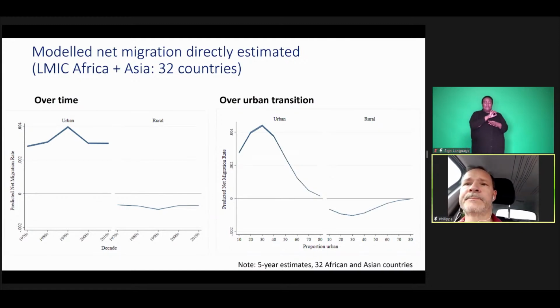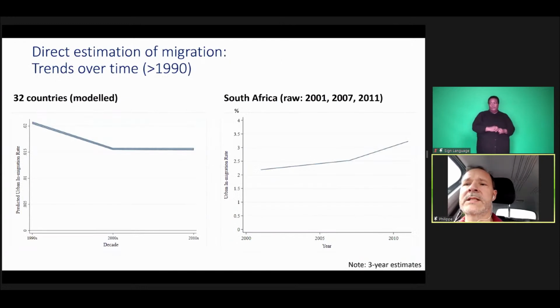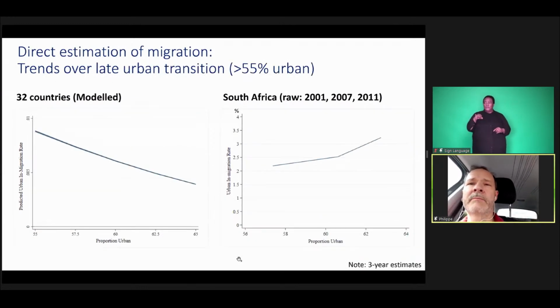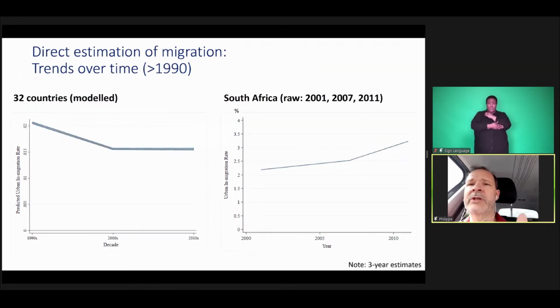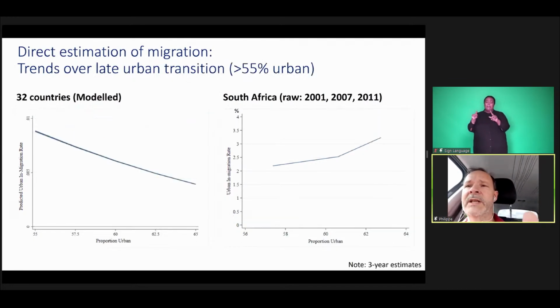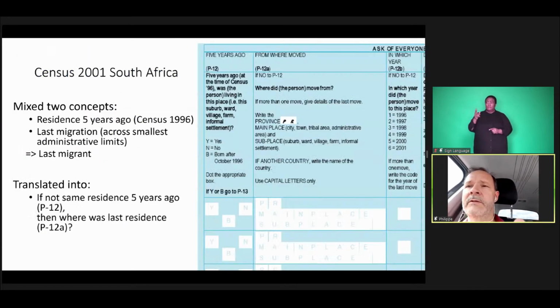Next slide. Next, yes, and generally for all countries, the contribution of migration is declining, but using South Africa data, raw data from the census, it would appear to increase.